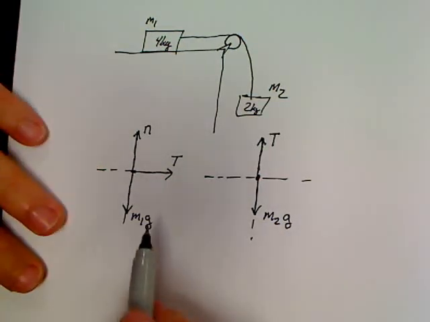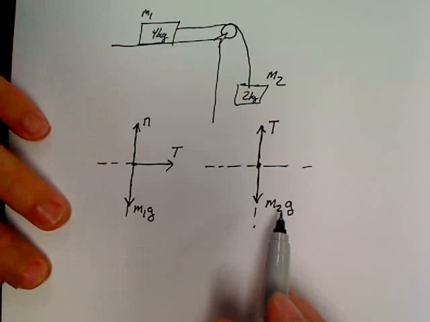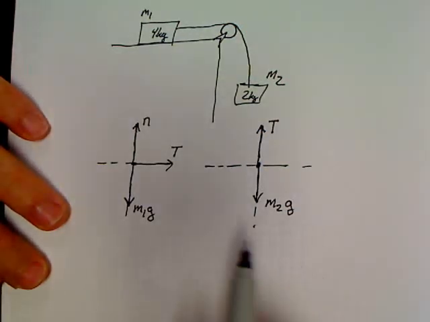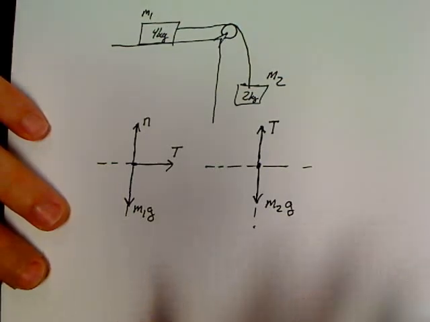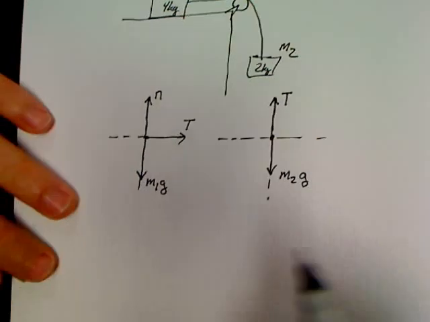It's very important in these connected objects, whenever you do your M1Gs, you do M1G, you do M2G, and then when you write out your equals MAs, you write equals M1A or M2A. So this is a problem without friction in it.